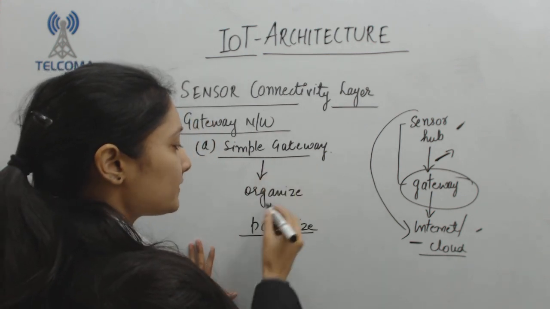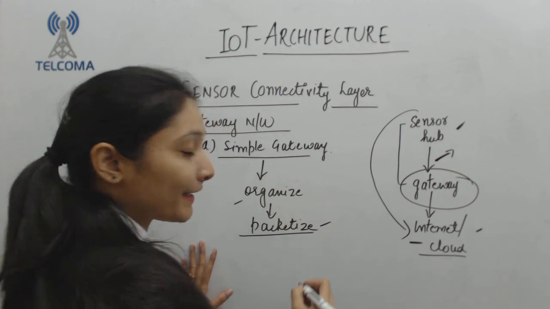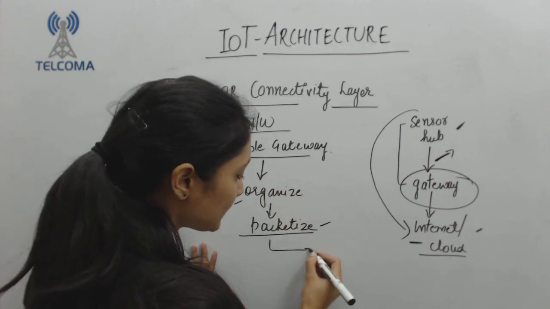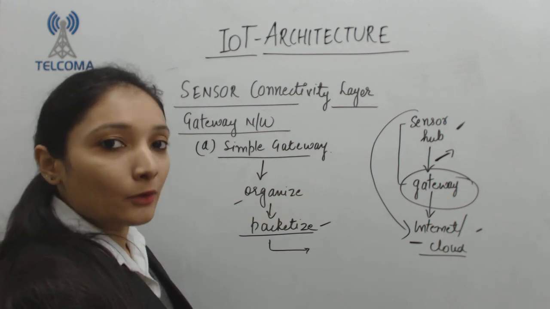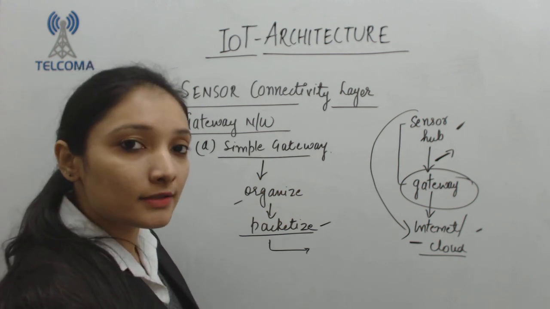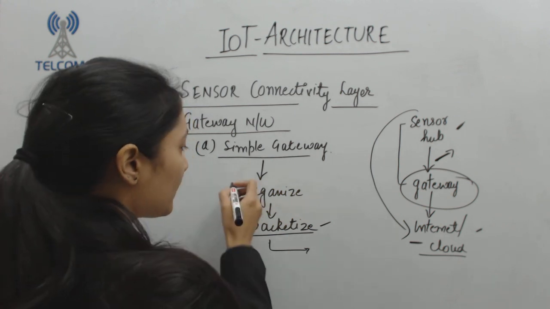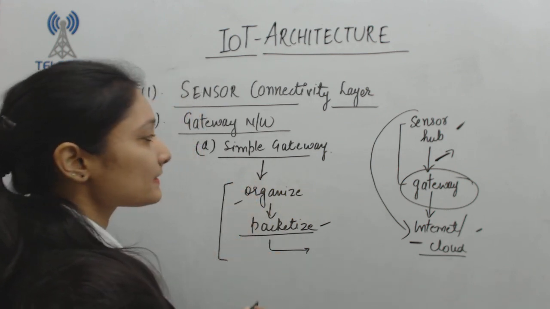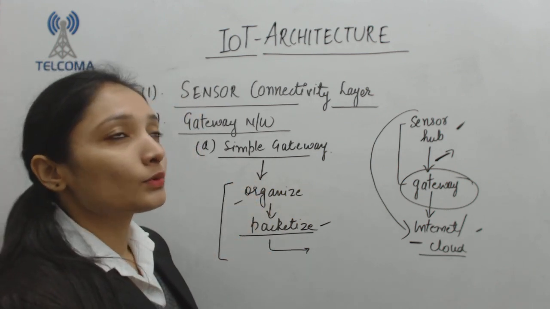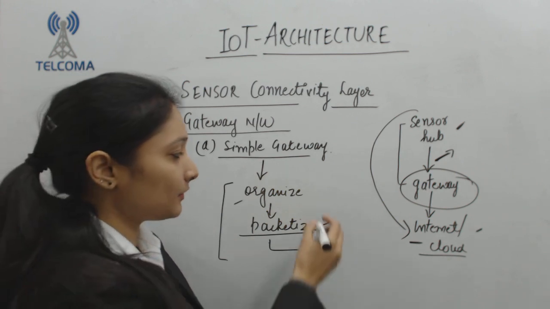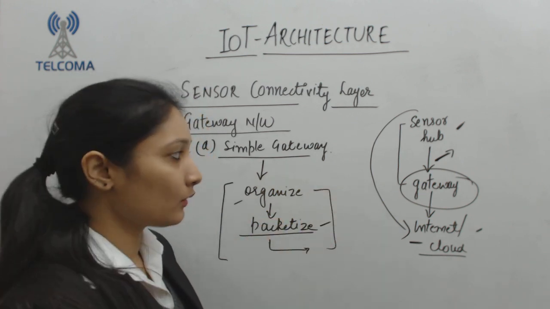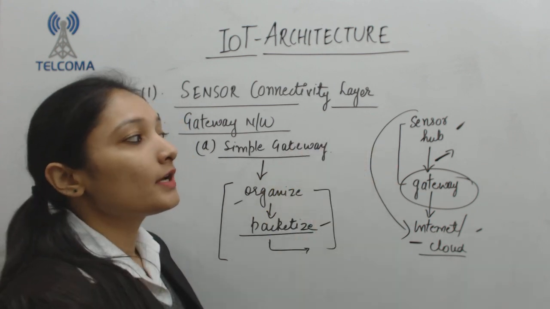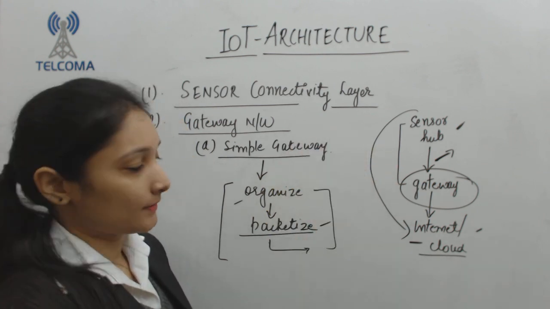So it organizes and packetizes the data so that it can be transferred to your internet or your cloud platform for the analytics of that data. This system doesn't control anything except the transmission, just forwarding the data generated by the sensors and the actuators.